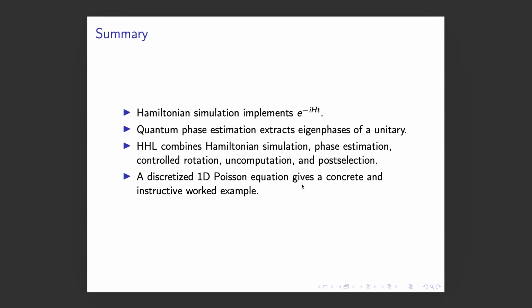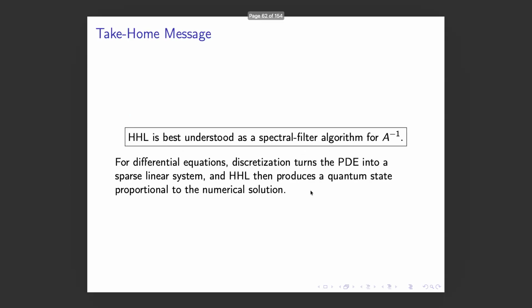A discretized 1D Poisson equation gives a concrete and instructive worked example. And as I said, the take-home message is that the HHL is best understood as a spectral filter algorithm for the inverse of A. Remember that we have represented A by its spectral decomposition. And for differential equations, if you can discretize a PDE into a sparse linear system, then the HHL produces a quantum state proportional to the numerical solution.